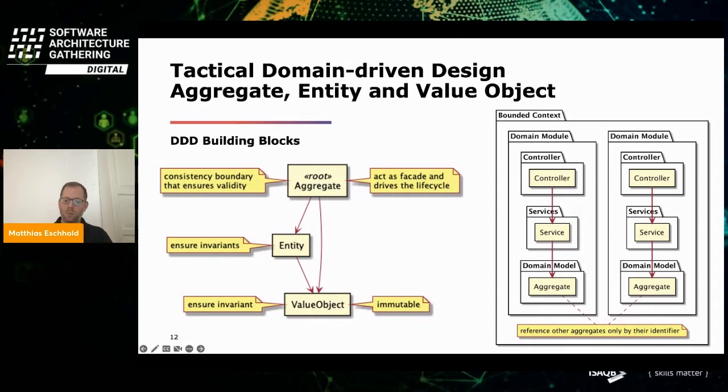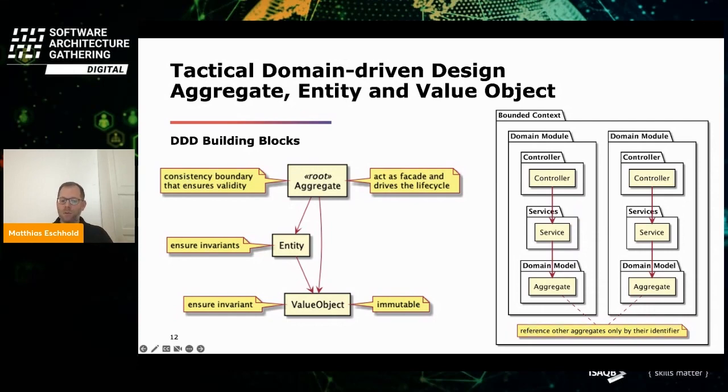And we want to decouple the aggregates based on aggregate design rules. And one of these rules is, for example, aggregates should only reference other aggregates by their ID. And this is a concept where we can avoid these growing big object graphs, which lead to a decentralized data model.